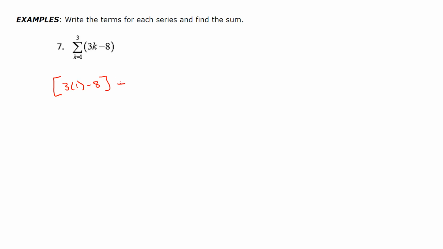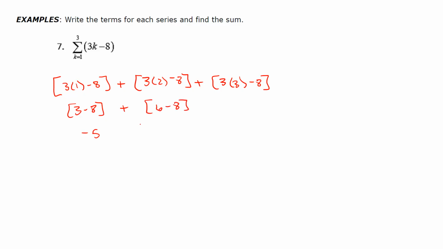And we're going to add it to the second. So 3 times 2 minus 8. And then 3 times 3 minus 8. Okay. So we'll have 3 minus 8, which simplifies to negative 5, plus 6 minus 8, which simplifies to negative 2.